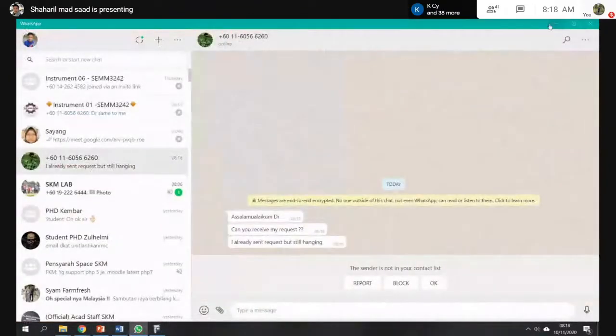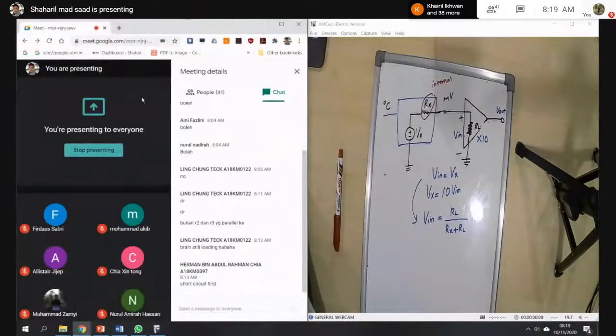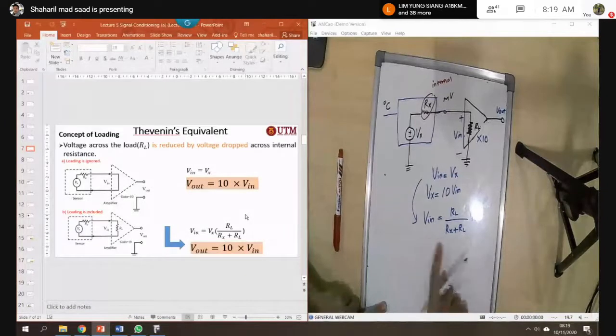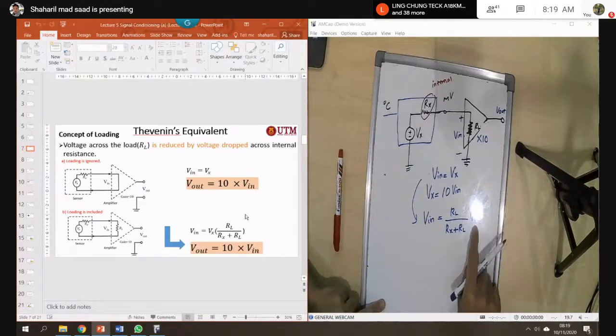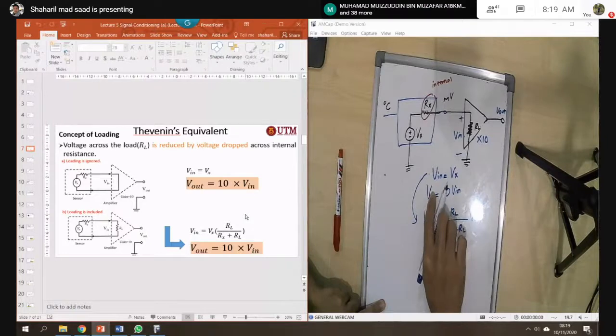So this slide is quite different from your slide. So what you can see here is there will be a voltage drop happening.